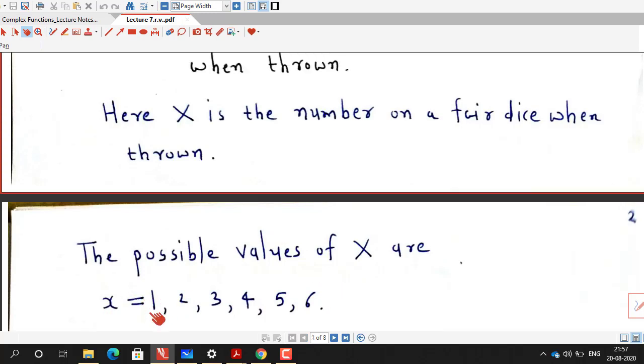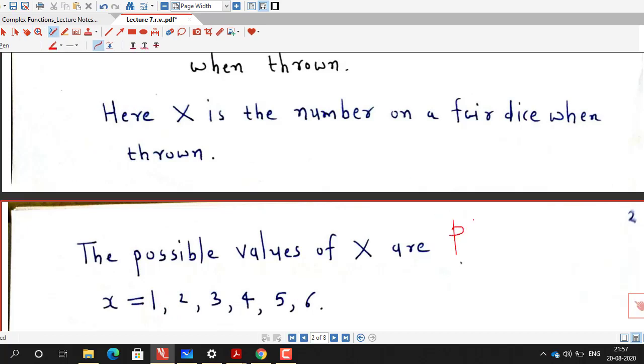Now the probability of each outcome. Suppose 1 occurs, then the probability that x equal to 1 occurs is 1 divided by 6. That we have already discussed.